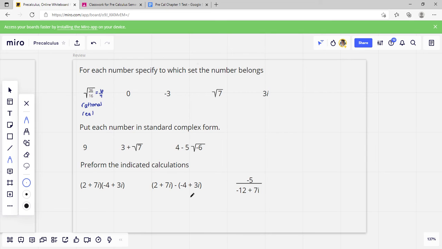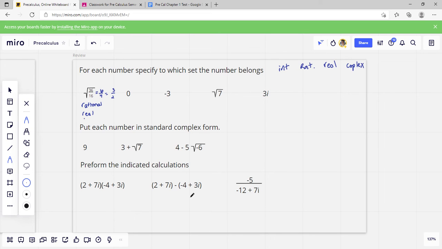All right, so our choices are integers. It's not an integer because it's not a whole number, right? It doesn't reduce to a whole number. It reduces to 3 over 2. Our choices are integers, rationals, reals, and complex. And remember, complex is an imaginary number with a real added.